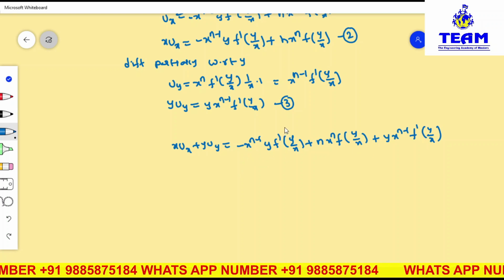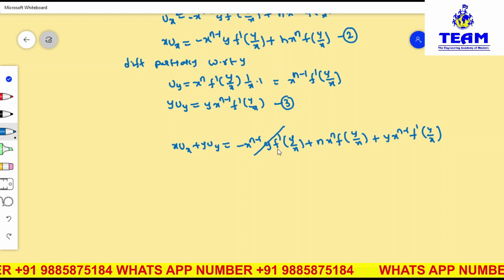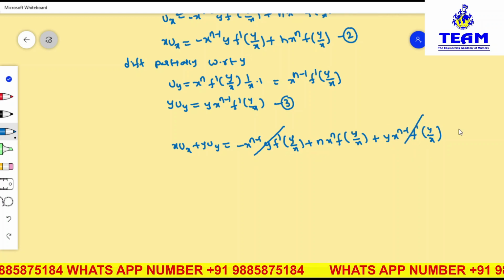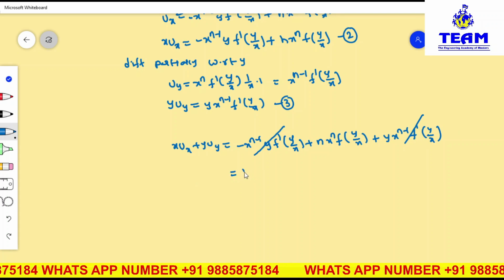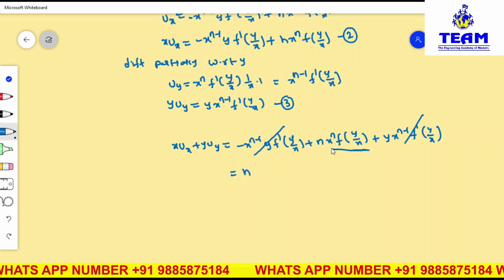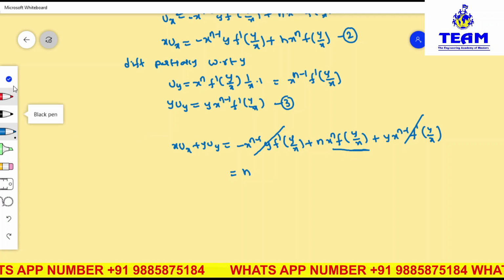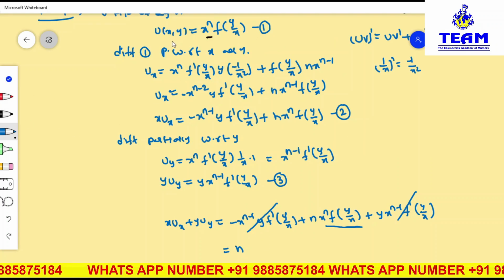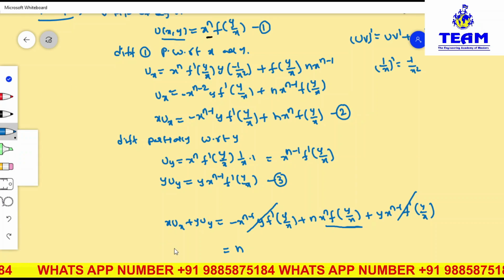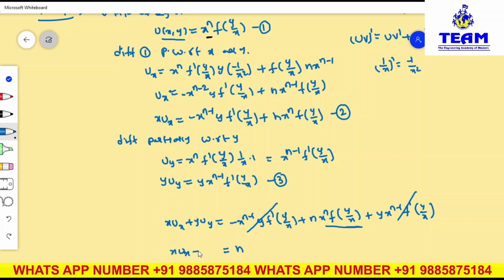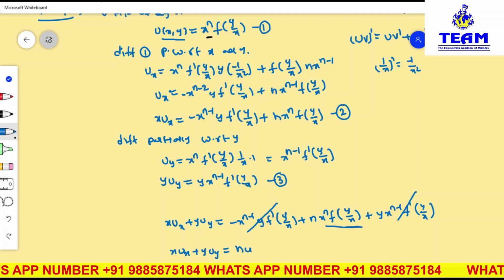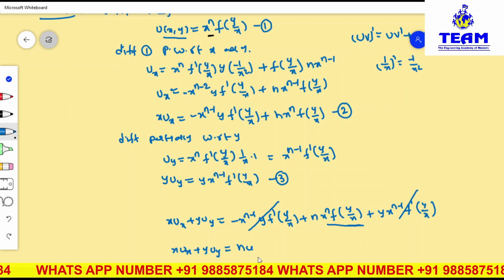Yes, you have a negative x power n minus 1 into y into f dash of y by x and a positive y into x power n minus 1 into f dash of y by x. So the remaining term is n into x power n into f of y by x. What is x power n into f of y by x? From equation 1, this is u of x comma y. So we can write x into dou u by dou x plus y into dou u by dou y is equal to nu. Hence proved the first statement.